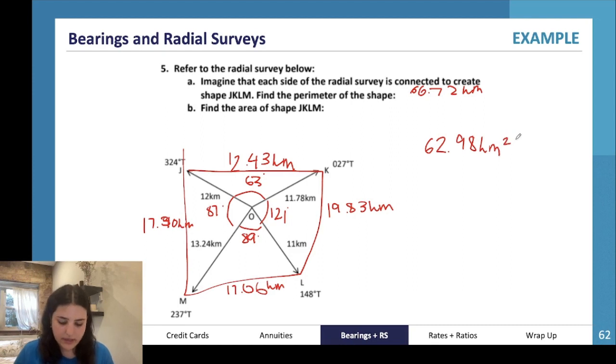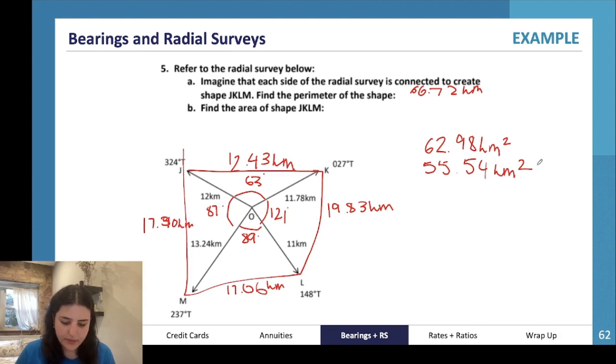The second one is half times 11.78 times 11 times sine 121. So the second one is 55.54 kilometers squared.